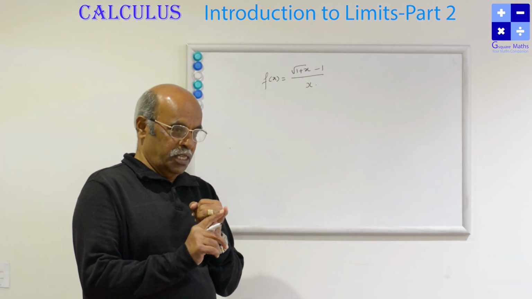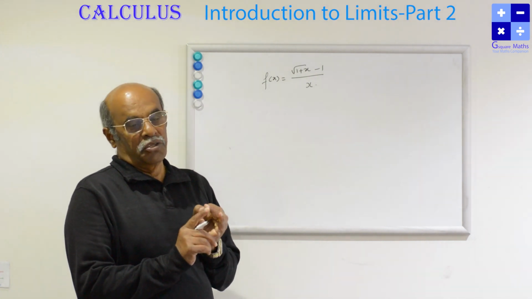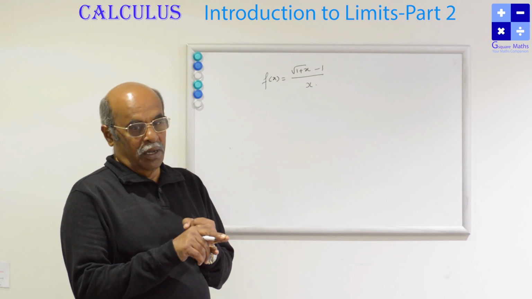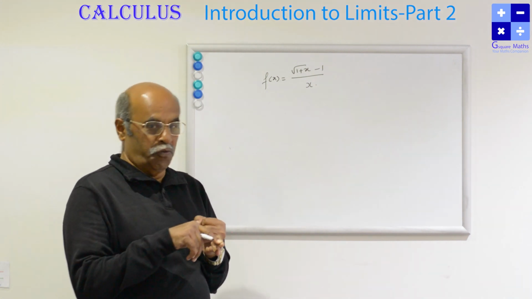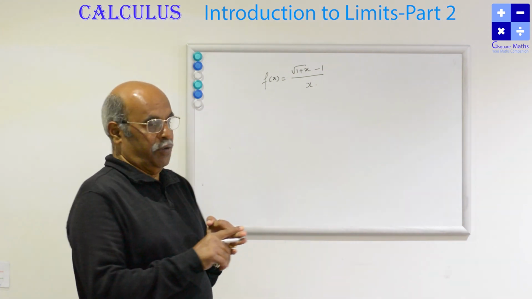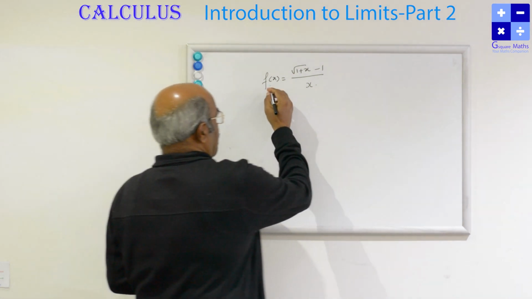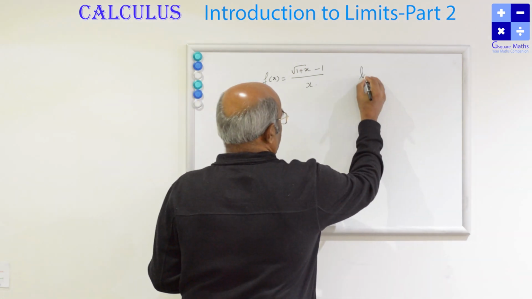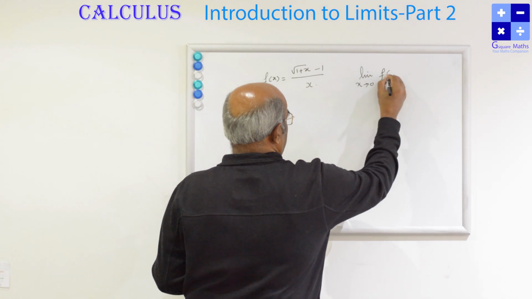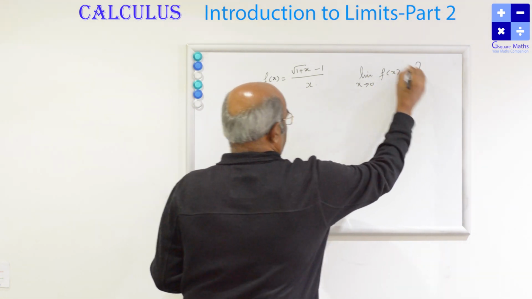First method, we have seen direct substitution. Second method, we have seen that if for the given value, it is coming 0 by 0 form, we factorize and cancel. The third is the rationalizing factor. Now, your function f(x) is given, you are asked to find out limit x tends to 0 of f(x).